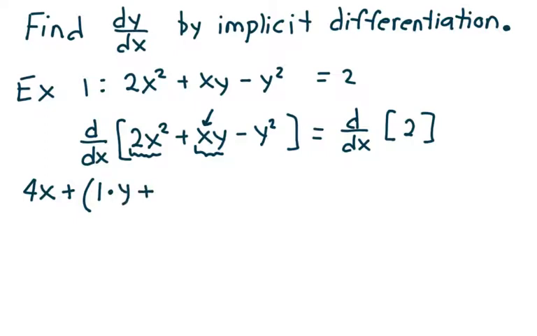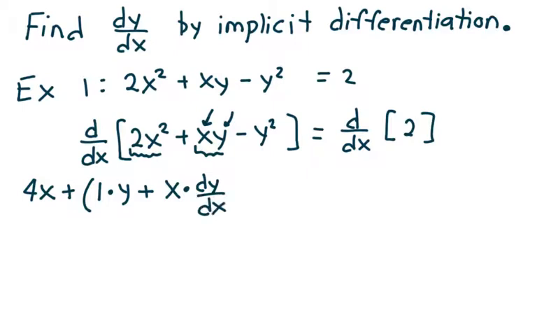Add. And then I'm going to take x and multiply by the derivative of y. But remember that you're differentiating with respect to x. And I think this is potentially the confusing part. So the derivative of y with respect to x can be written as dy dx.